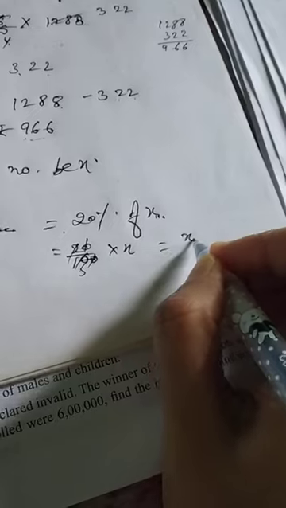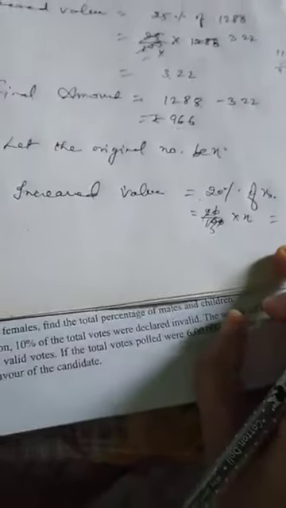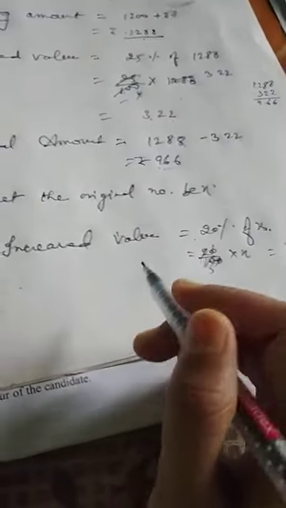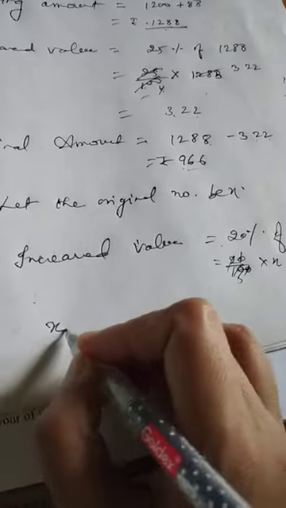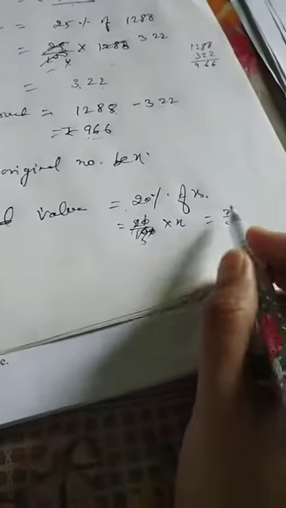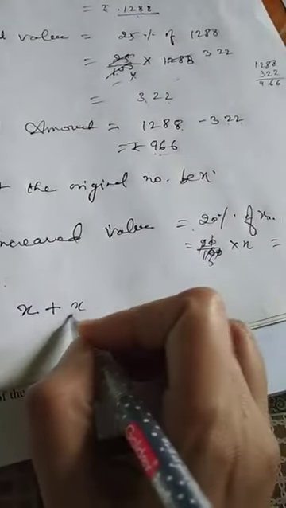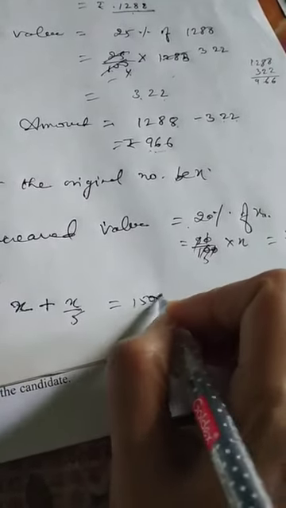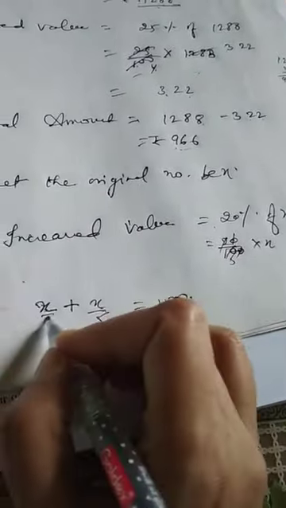So x by 5 is the increased value, and the original was x. After increasing, the value becomes 1500, so x plus x by 5 is equal to 1500. So you have to find the value of x.